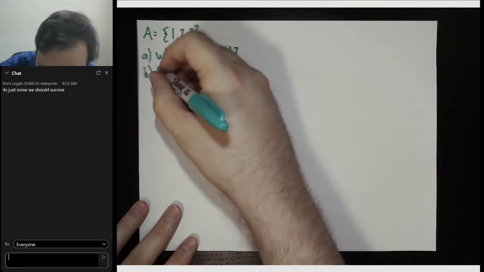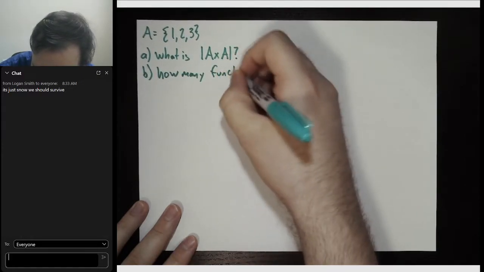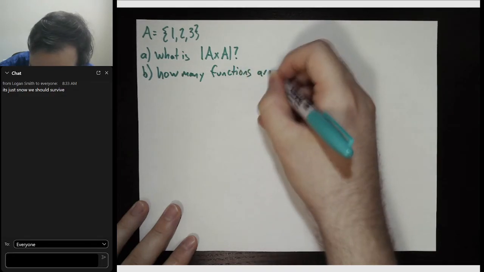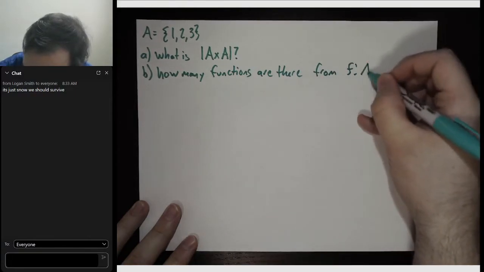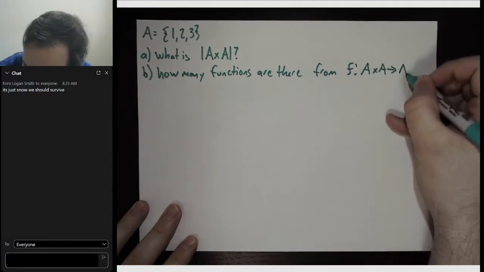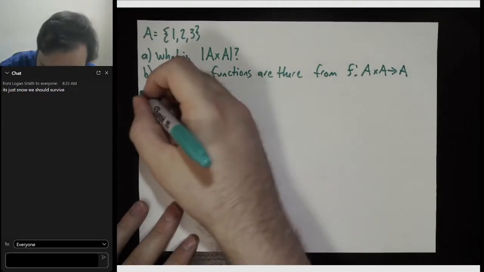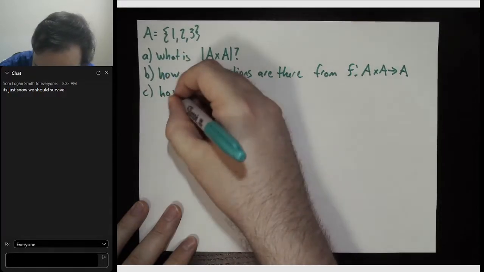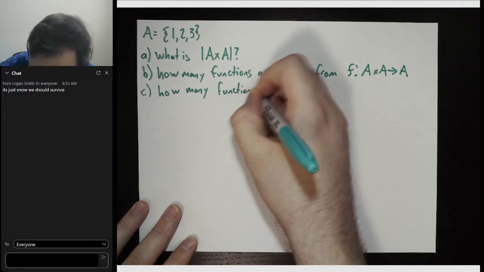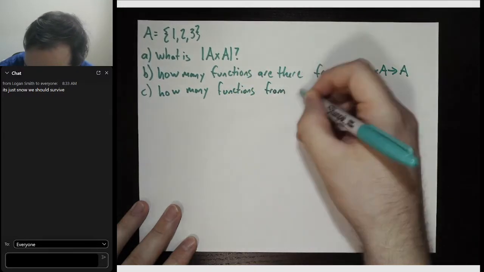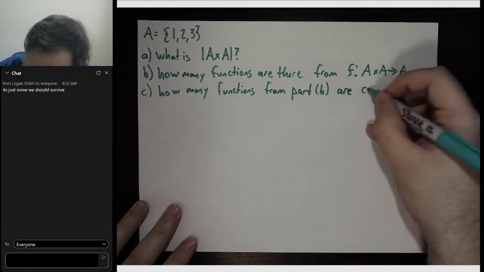How many functions are there from A cross A into A? This is a closed binary operator. And then C, how many functions from part B rather are commutative.